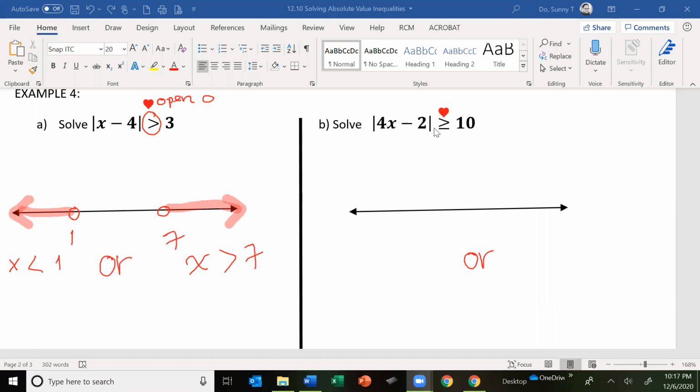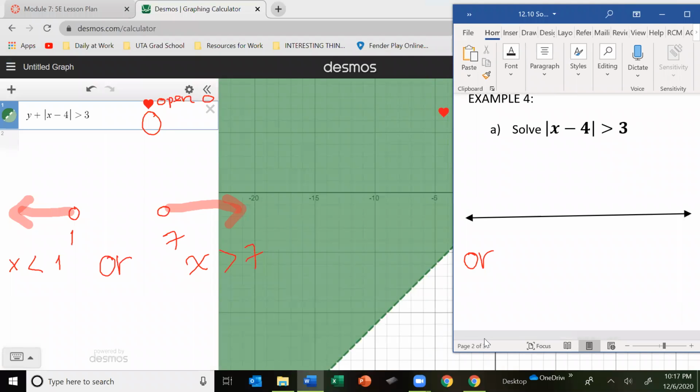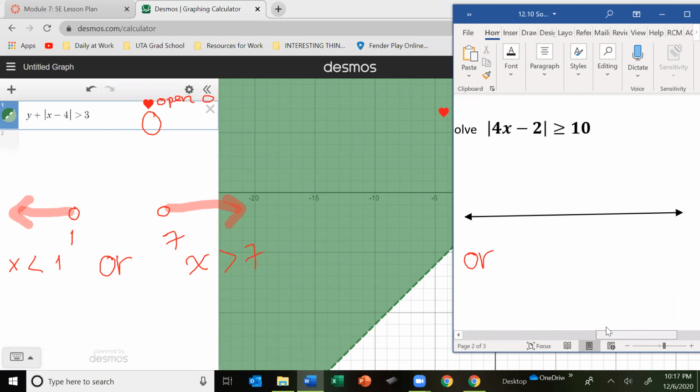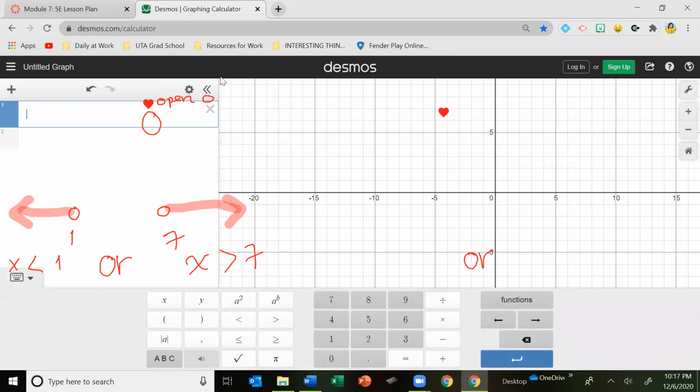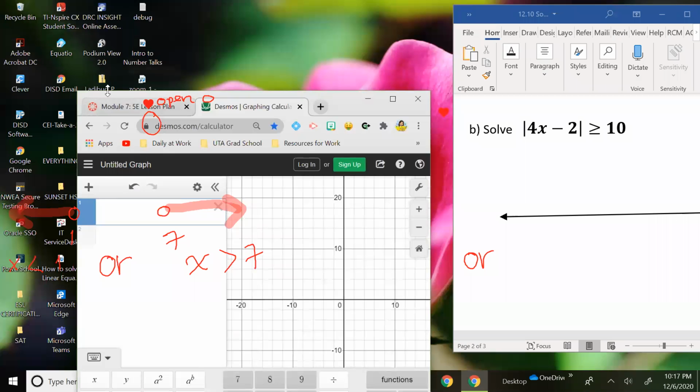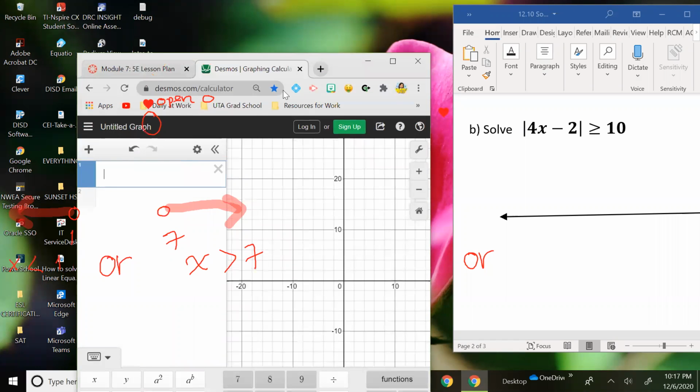Absolute value of 4x minus 2 greater than or equal to 10. So again, we are going to start with our graph. We are going to put y equals to see the whole graph.